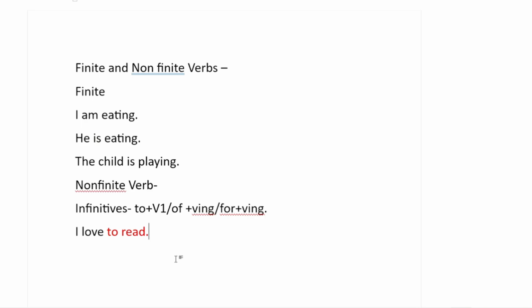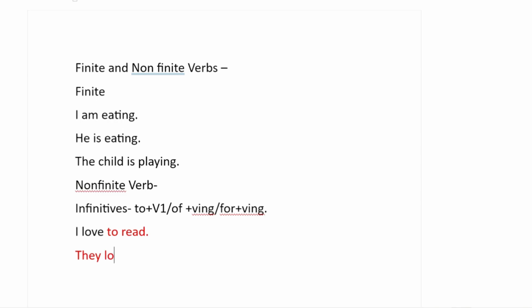Even if I change the tense of this sentence, even if I change the noun number, these two words will never change. Let's see. It is I love to read. Suppose I change the noun number. Suppose I change the subject from I to they.